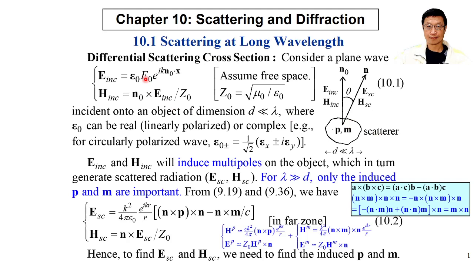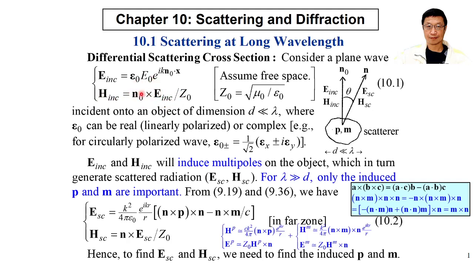In chapter 9, we considered the vector potential. From the vector potential, we can calculate the H field, and with the H field, we can calculate the E field. That's in chapter 9. But for many cases, we prefer to write the E field first, and from the E field, we know it's correlated to the H field through these relations. So you have two expressions.